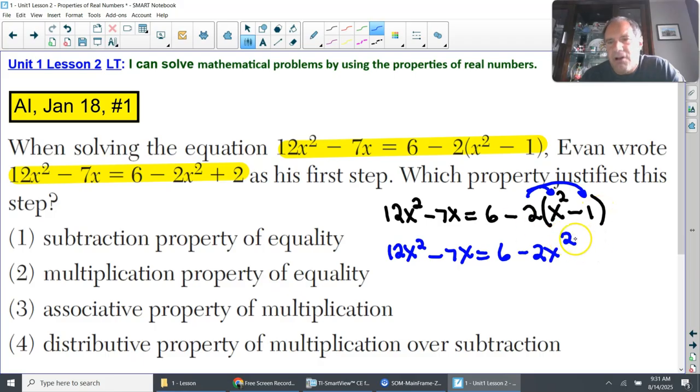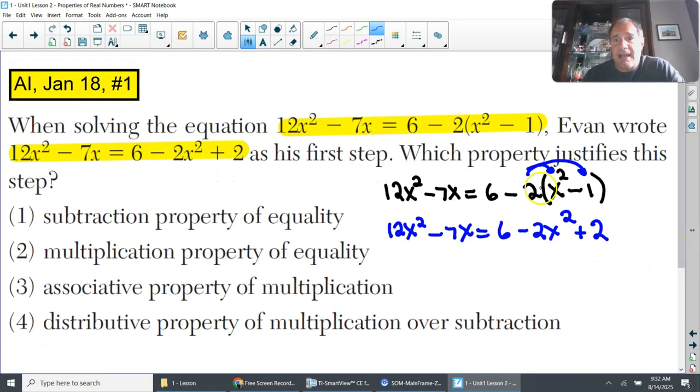And negative 2 times negative 1, just be careful there, it's a positive 2. And that's exactly his first step. What property did we use? That's distributive property over subtraction. You see, it's happening over subtraction, so that is 4.